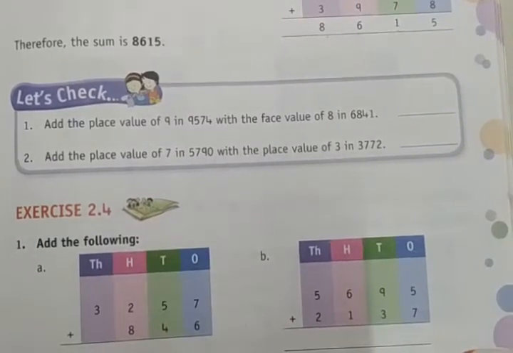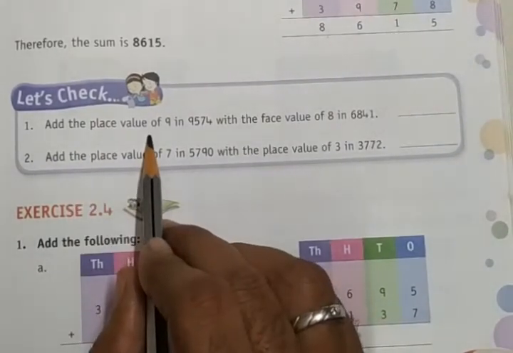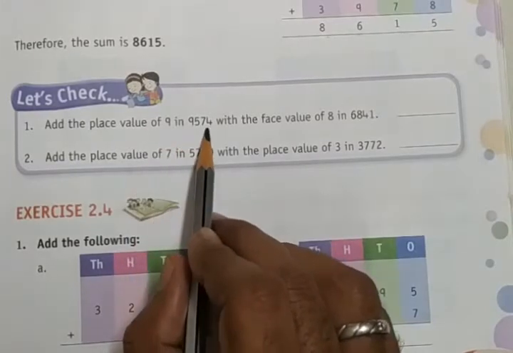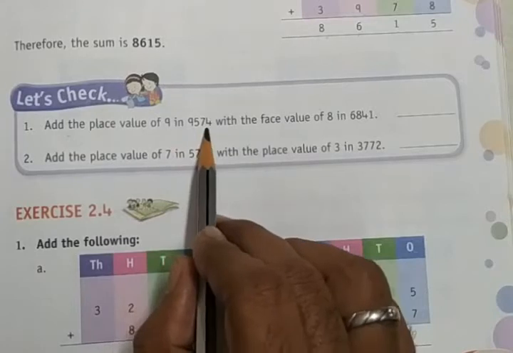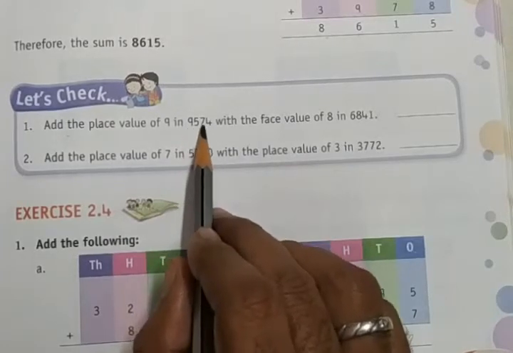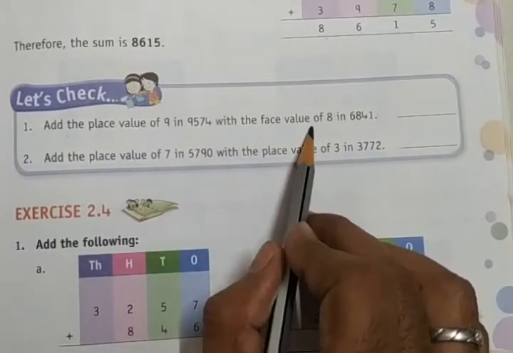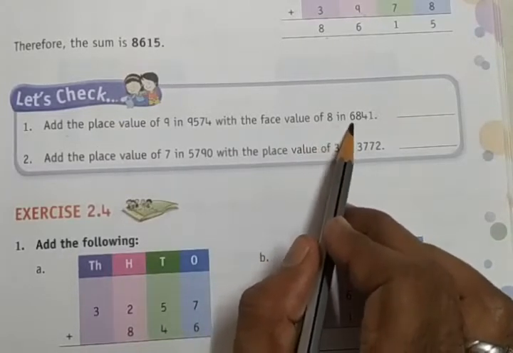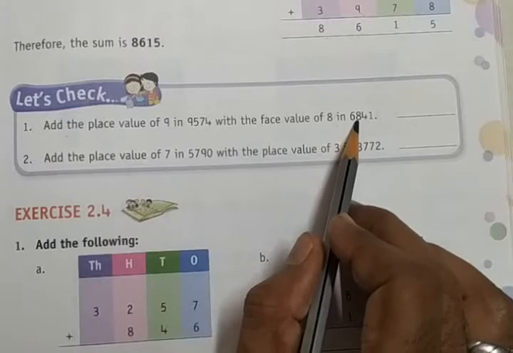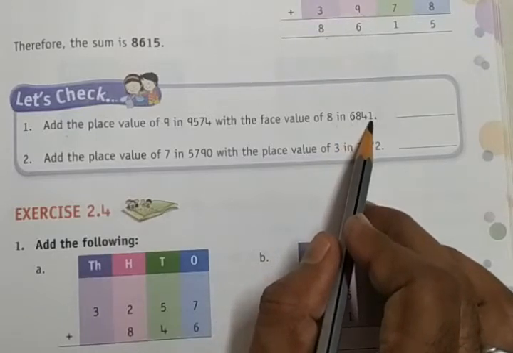Let's check your understanding here. Add the place value of 9 in 9,574 with the place value of 8 in 6,841.